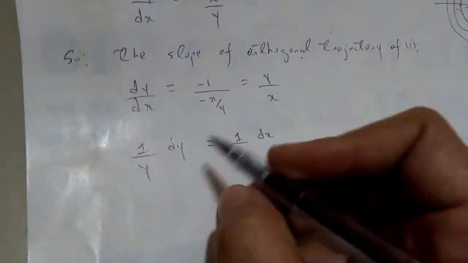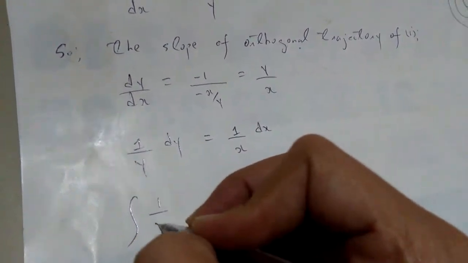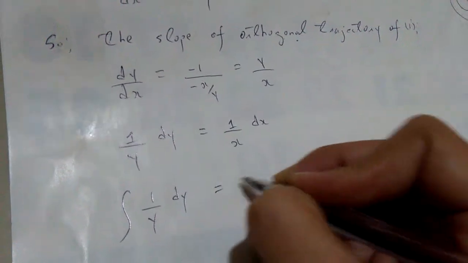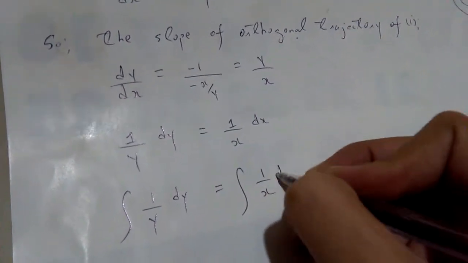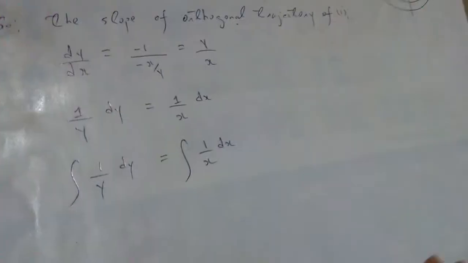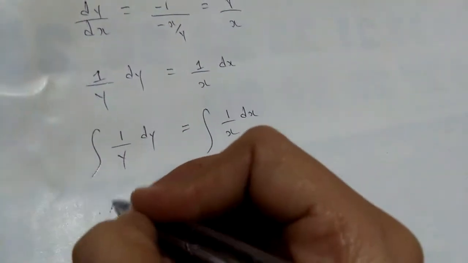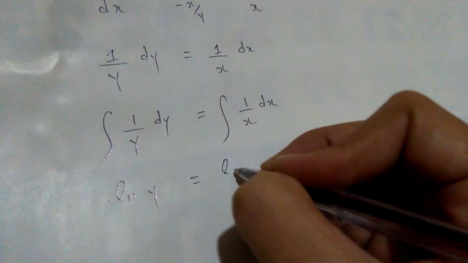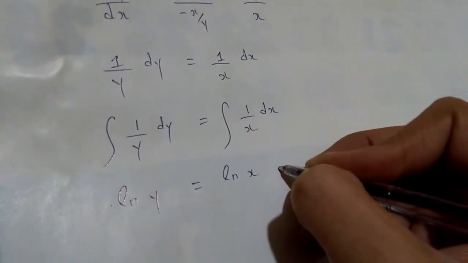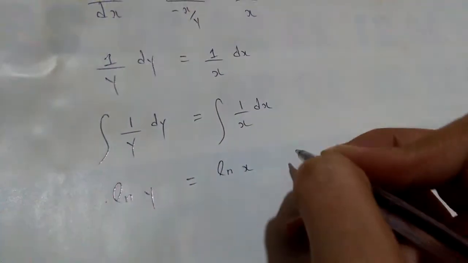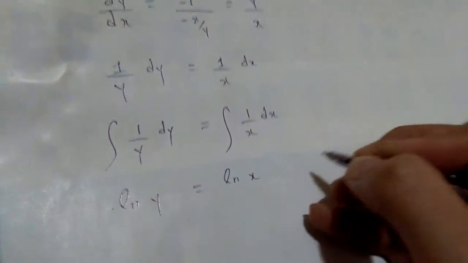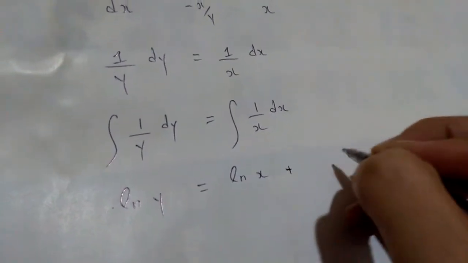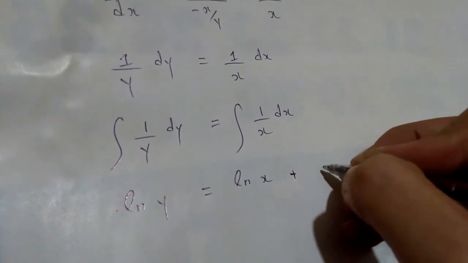Now we integrate both sides with respect to the corresponding variables. It gives me ln y equals ln x plus some constant. I'm writing the constant on just one side, and that constant could be c.